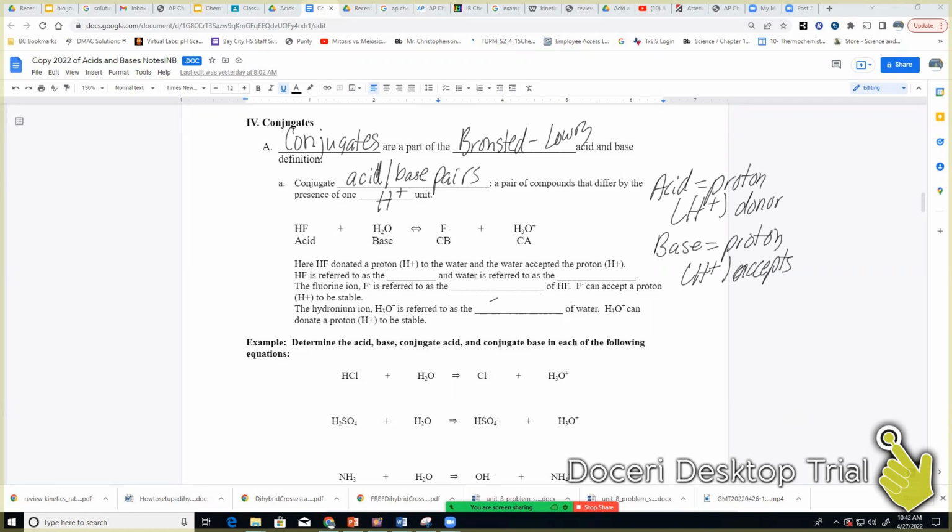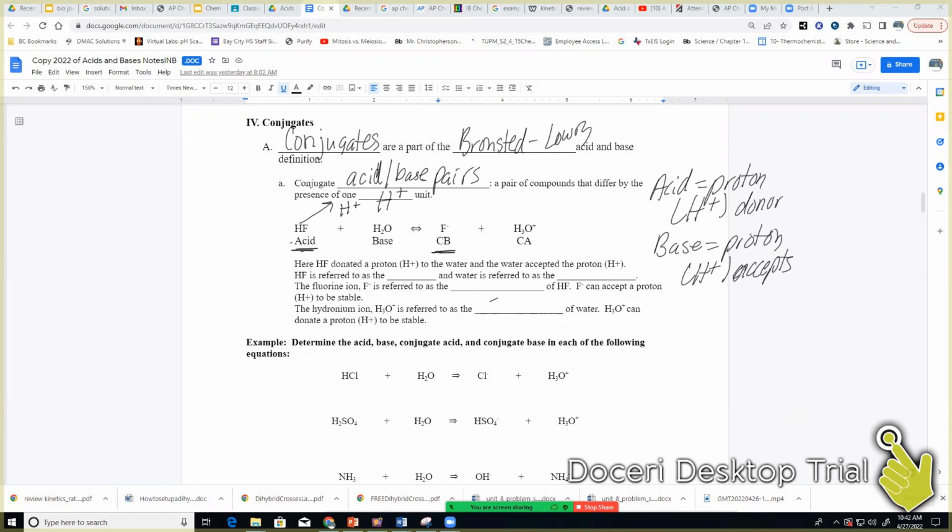So that's kind of why they are working pairs. So if we look at that first example, HF, hydrofluoric acid, is my acid. We said it's going to be a proton donor, so it's going to get rid of the H plus, and it's going to go from HF to just F. It was neutral, and now it has a -1 charge because it got rid of one positive particle.